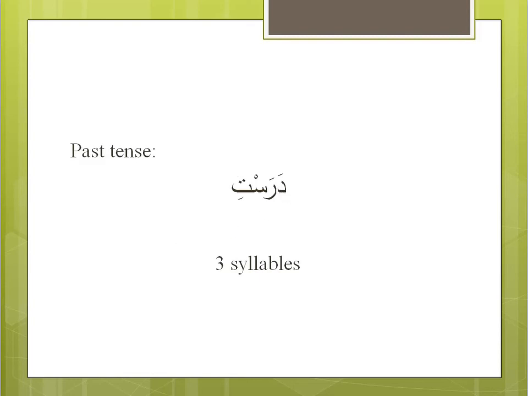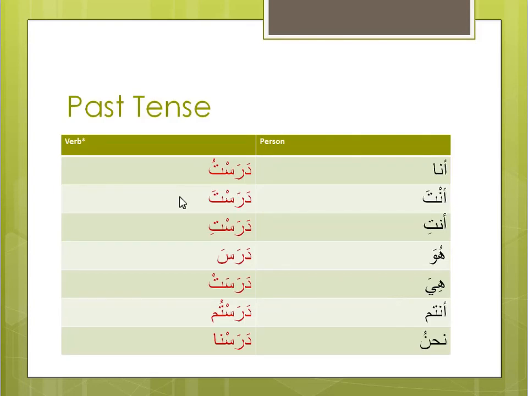Anti darasti. And all of them, right? Same thing. In the past tense, no matter how many letters, no matter what person, always 3 syllables. Darastu, darasta, darasti, darasa, darasat, darastum, darasna. It's the rhythm. Always that same rhythm on there.